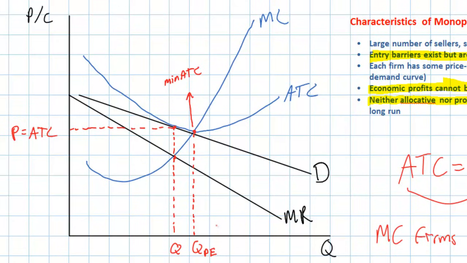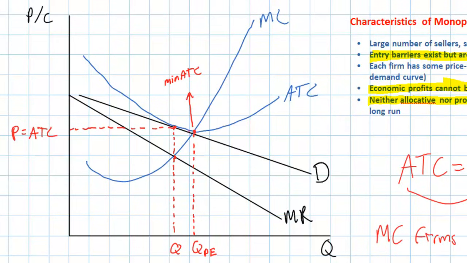The firm is not achieving its productively efficient quantity. Due to its price making power, the firm will restrict its output, charge a slightly higher price than the minimum ATC, and therefore it will not be using its resources in the least cost manner. That is our definition of productive efficiency. The next question then is whether or not the firm in the monopolistically competitive market will be allocatively efficient.